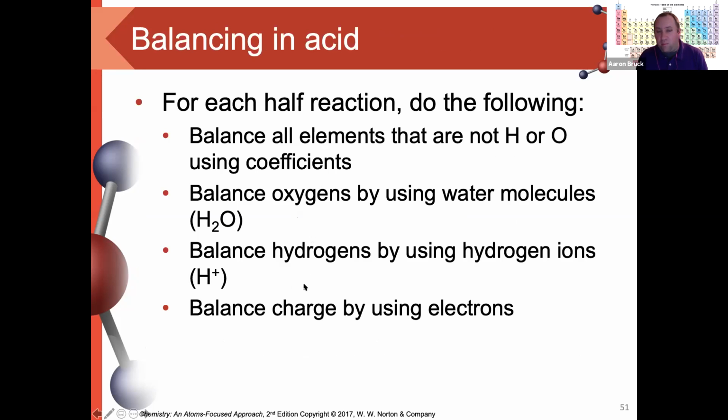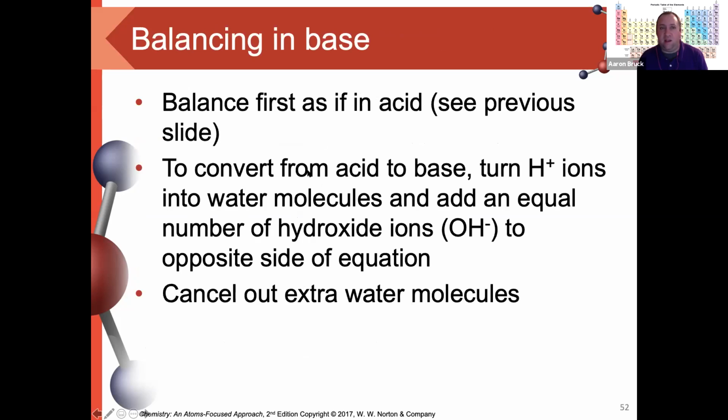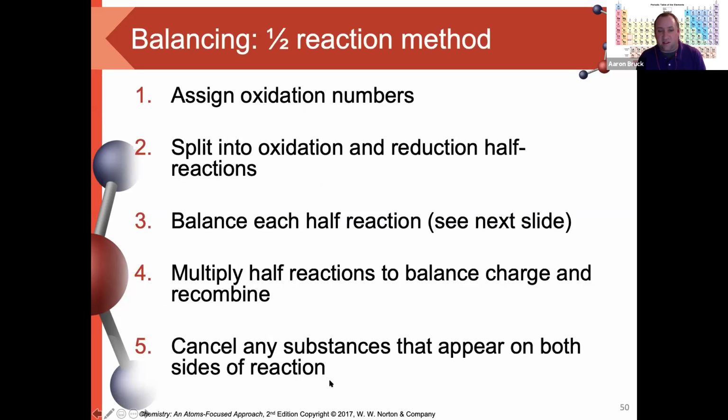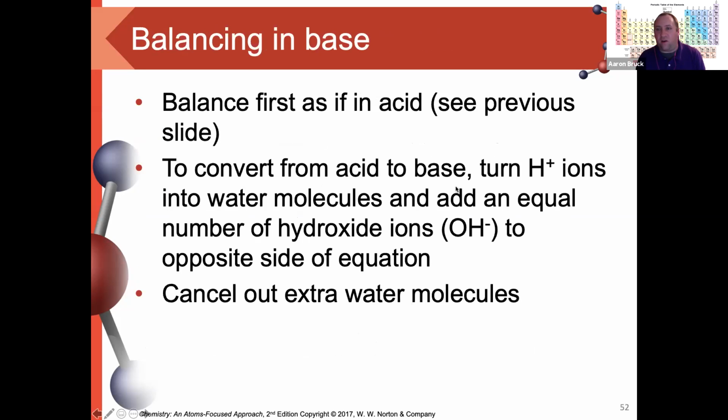Now, if we are in base, it's very, very similar. The only difference is that at the very end, and I'm talking the very end, this step 5 end, at the very end, we simply convert the hydrogen ions and hydroxide ions and interchange them with each other.